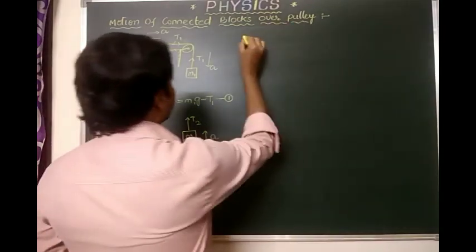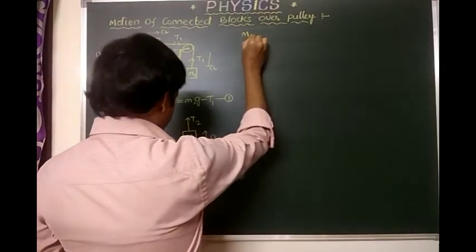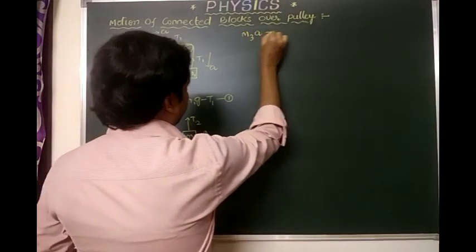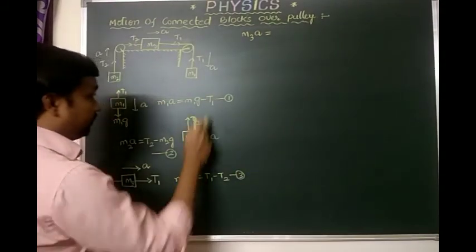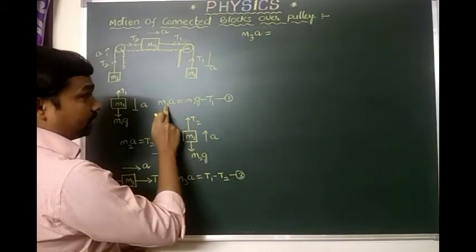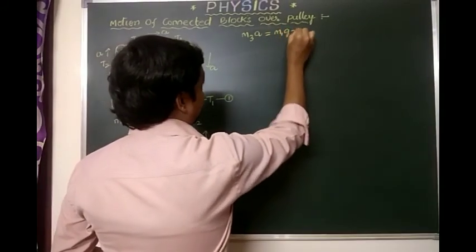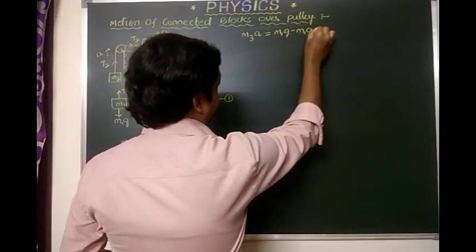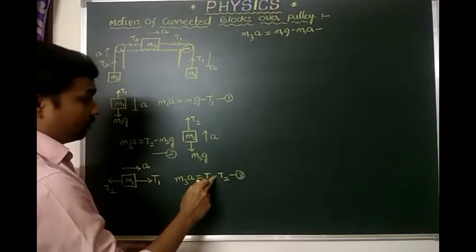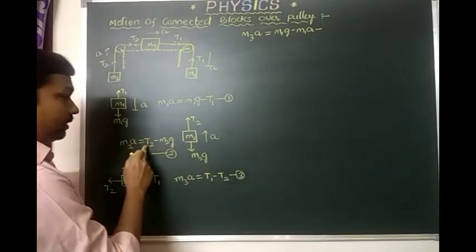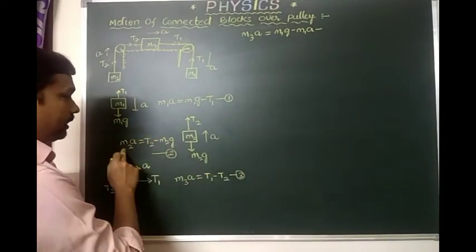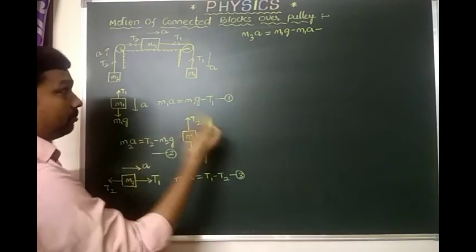So M3A equals T1 minus T2. T1 equals M1G minus M1A, minus T2. Sending it to the left, we get minus M2A minus M2G.